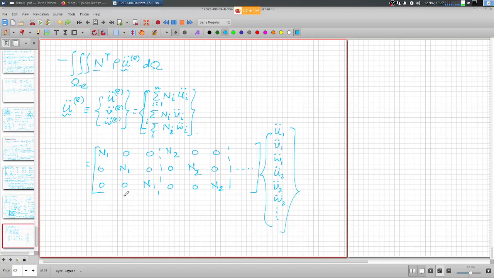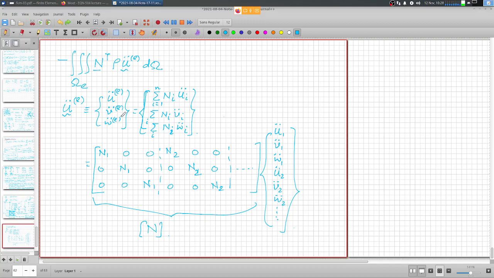So this is the variation, and this matrix is what we call the shape function matrix N. And this N transpose is the transpose of this matrix. That is what we use as the weighting function using the Galerkin approach.